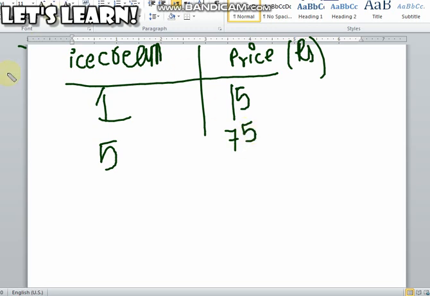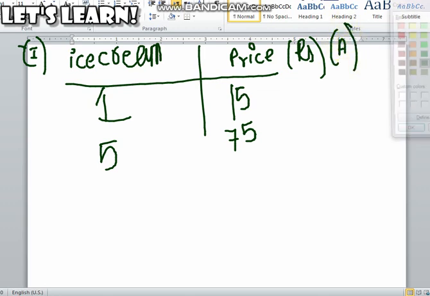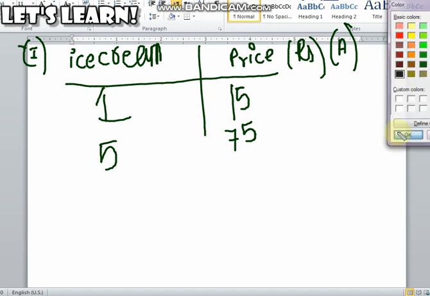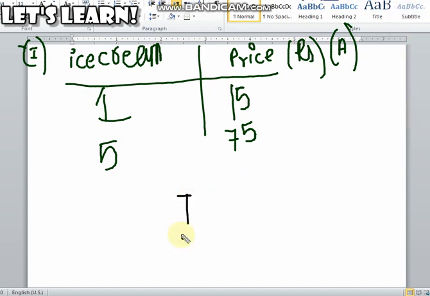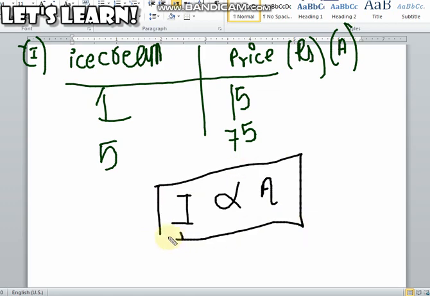Then we also said that we represent ice cream with the letter I, and we represented the amount, the price we have to pay, with the letter A. And at the end we wrote a statement that I is directly proportional to A. So how can we change this relationship into an equation? We'll be looking at this in the next video.